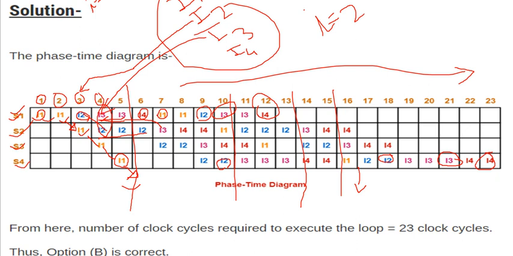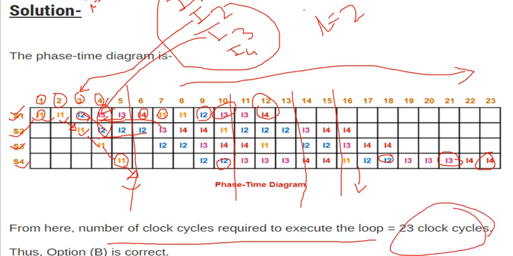As discussed, the number of clock cycles required to execute this loop, in which I1, I2, I3, I4 need to be run 2 times, is 23 clock cycles. So this was all about the calculation of the clock cycles.